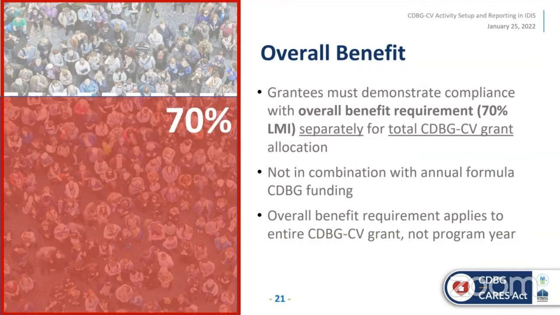But just remember that either slum and blight or urgent need don't count towards that 70% overall benefit. And so this is one that when we talk about the reports, right, the PR26 reports that can show these calculations, this is one you want to pay attention to, especially if you're on the low side, but you still have money to spend. Right, that could help you turn a corner if you haven't been paying attention to that.